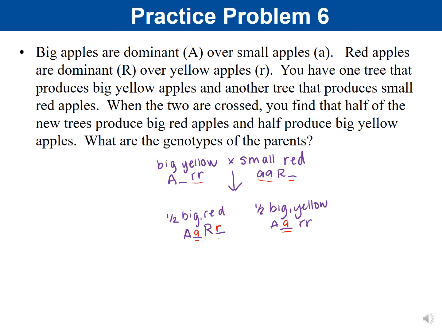You have another offspring that's little r, little r. What does the second allele have to be? The answer is it has to be little r, because that offspring, right? Not child, they're not people. This plant is little r, which means they had to get a little r from both parents.